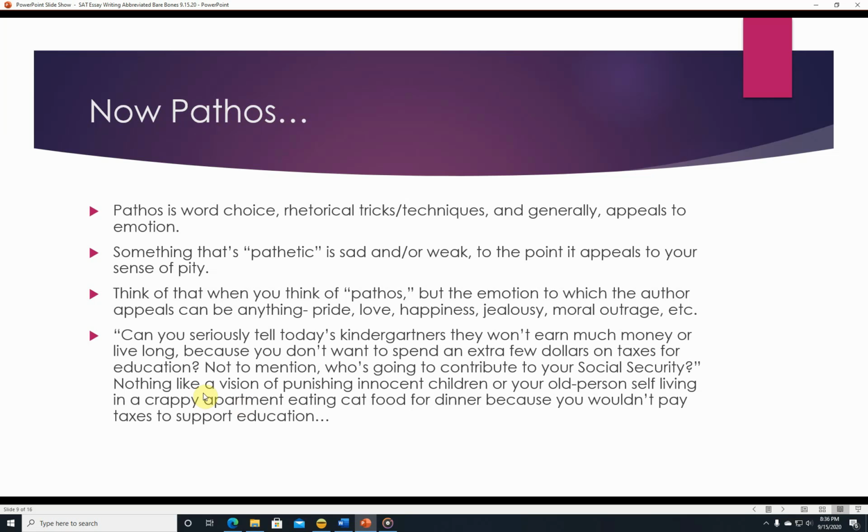There's nothing like giving someone a vision of punishing innocent children by not giving them good schools or a good education, or you, when you're an old person, your old person self is living in some crappy apartment eating cat food for dinner because you couldn't pay taxes or wouldn't pay taxes to support education, so now your Social Security payments have been radically cut because the kids of today, who are now the adults, aren't earning enough money to pay enough in Social Security taxes to pay your Social Security. So that would certainly be a very good appeal to emotion there.